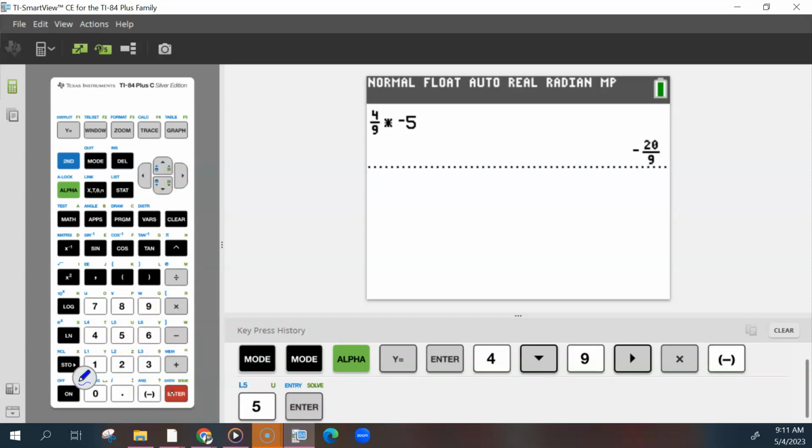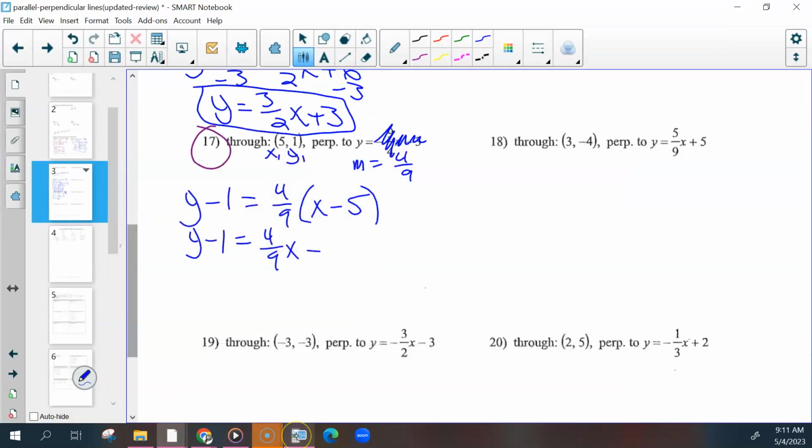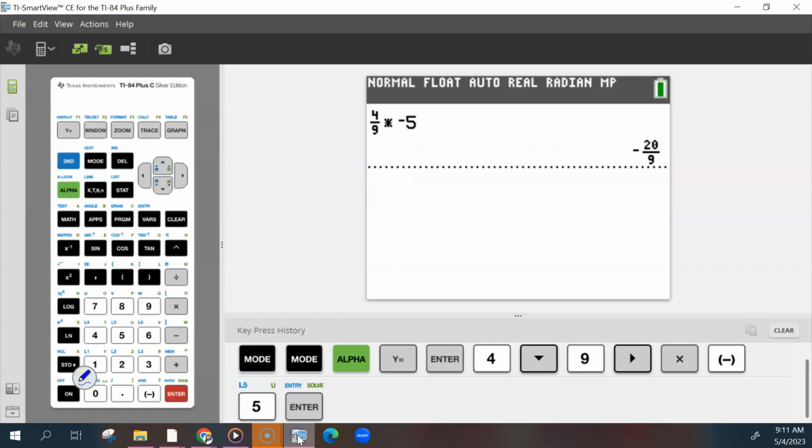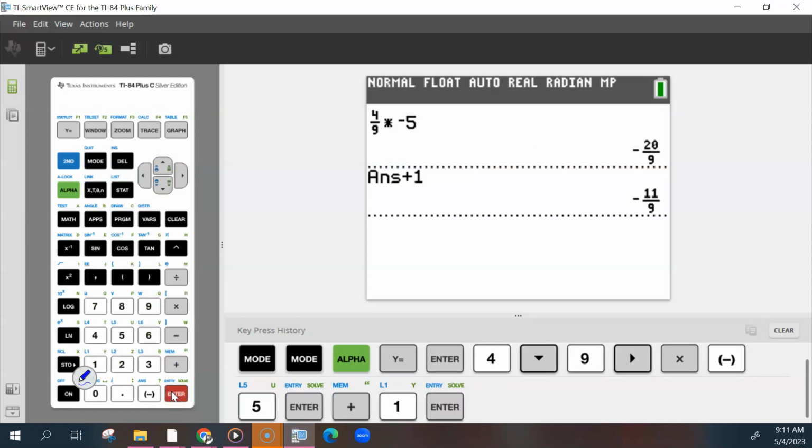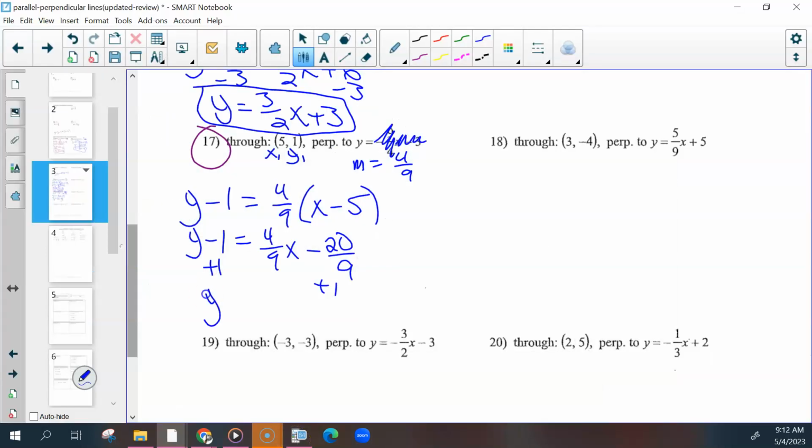If that's the fraction you got, that was correct. If you got a decimal, make sure you're doing it as a fraction because you would have repeating decimals. But then when we go to add 1, we're going to end up with a fraction, which is fine. That happens sometimes. So negative 11 ninths. So then this would be the equation that's perpendicular to the original.